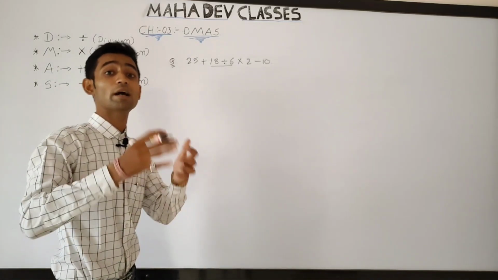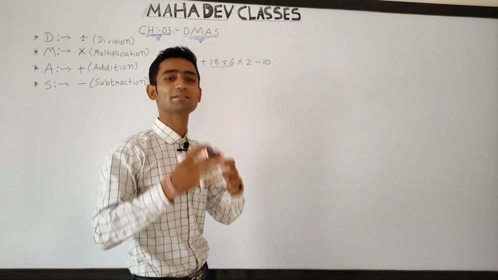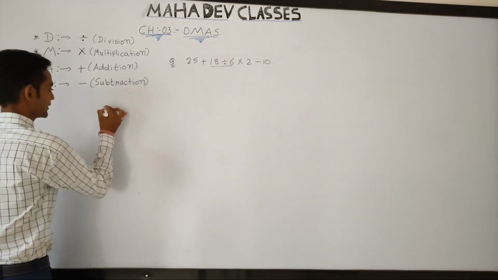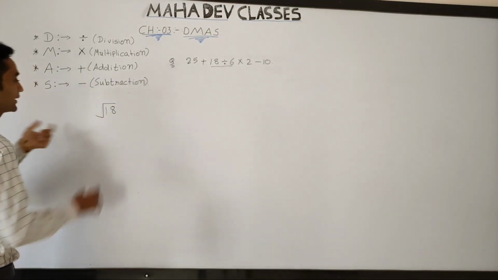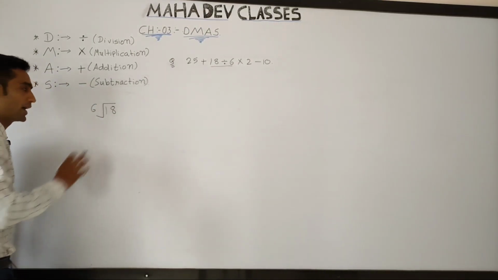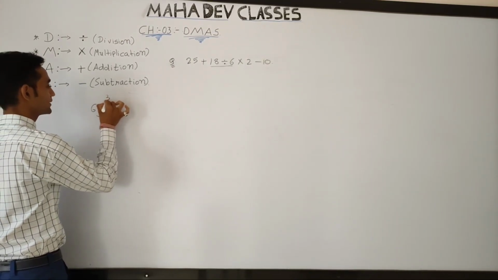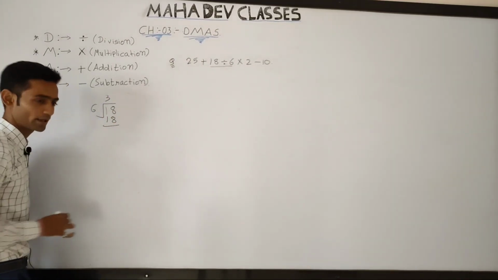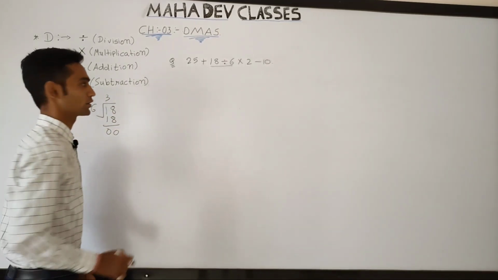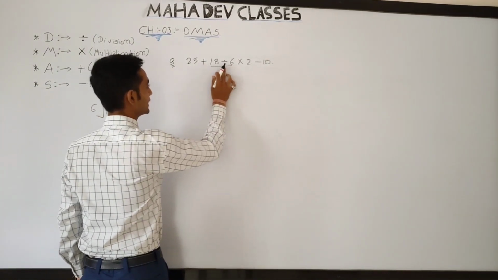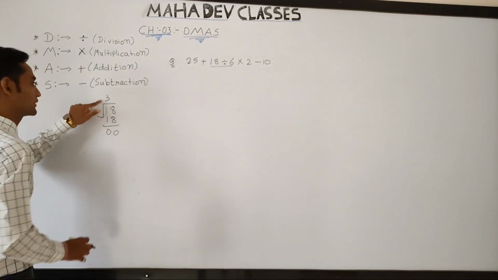So first of all we have to do the process of division. 18 divided by 6, and you all know that 6 3s are 18 and the remainder is 0, and the quotient is our answer. So 18 divided by 6 we will get 3.